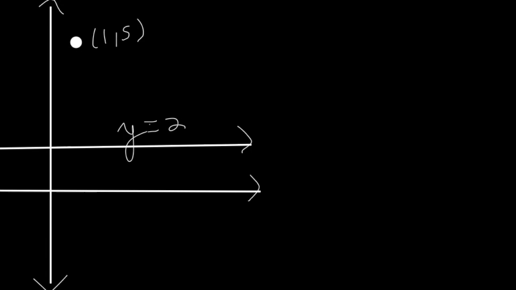So here's a practice problem. Find all of the points that are equidistant from (1, 5) and y equals 2. Please pause if you're doing the problem and hit play to hear the answer and the solution. So once again, we're going to do distance equals distance.